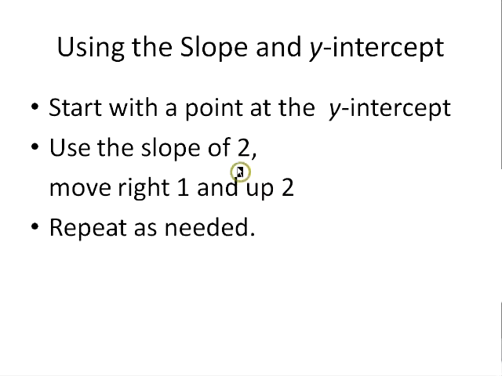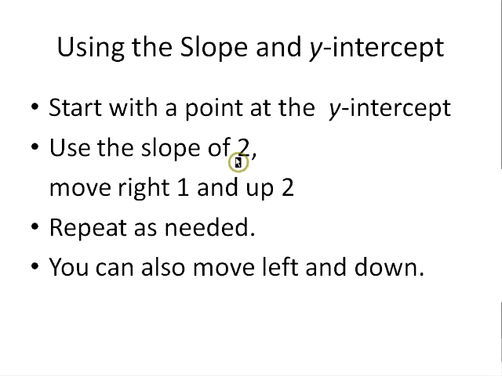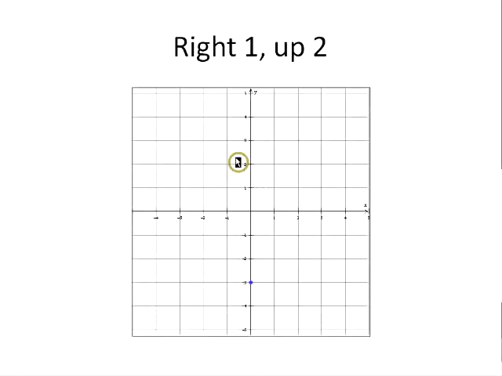And so we are going to start at the y-intercept, and then using the slope of 2, we can move to the right 1 and up 2, and we'll repeat this process as needed. You could also move to the left 1 and then down 2. This is how it works.